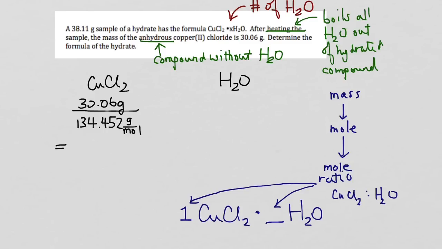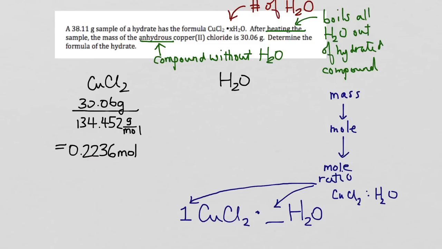After dividing, this gives us 0.2236 moles. So again, anything to do with finding empirical or molecular formula, anything to do with finding the formula, we need to keep more decimal places just so that when you do the mole ratio, you will get a more precise number.